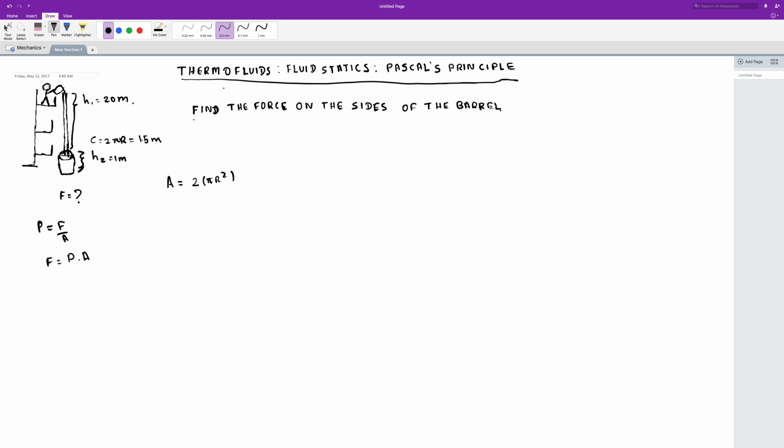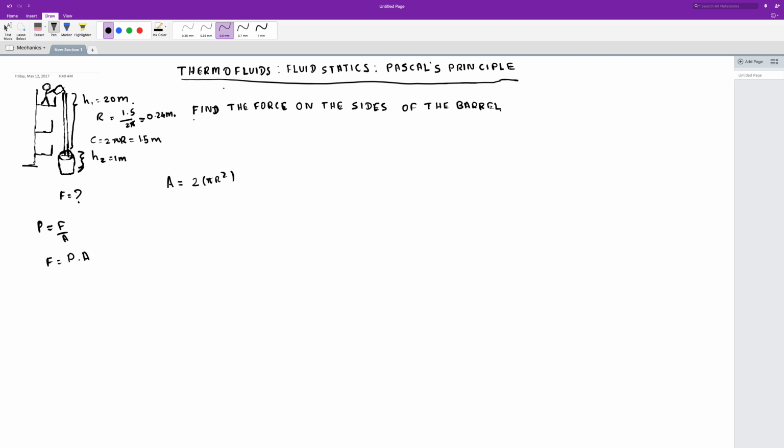So to find the radius, 2 pi r is equal to 1.5, so if I divide this by 2 pi, I can find the radius. So r is equal to 1.5 over 2 pi, and if I divide, I get the value of 0.24 meter.